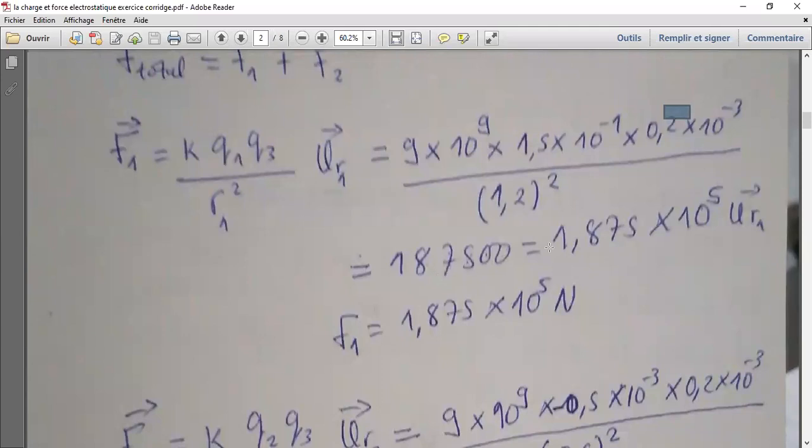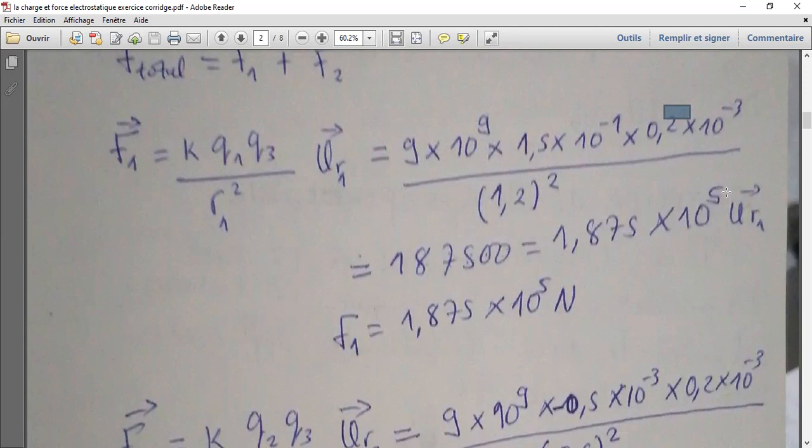If you want, you can write it in decimal places. For you to have 1.875, you move 1, 2, 3, 4, 5 places, which is 1.875 times 10 to the power 5.